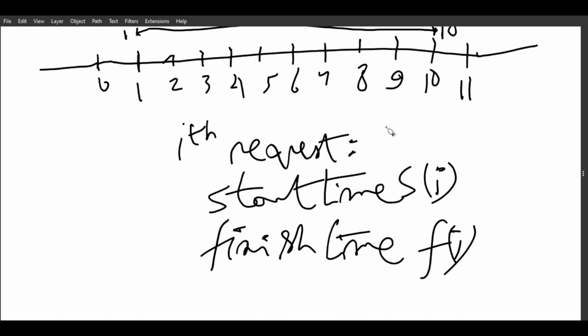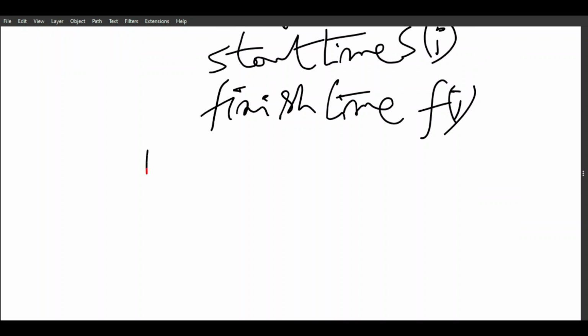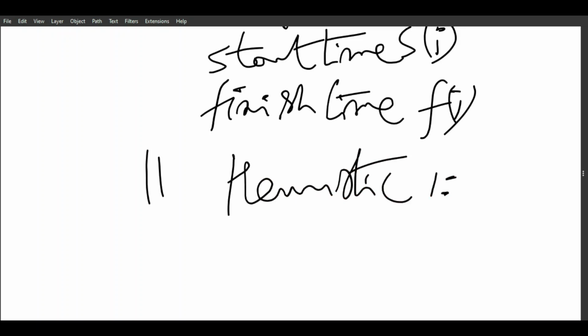So the first heuristic we can evaluate is based on starting time. We call this heuristic 1, earliest start time first.